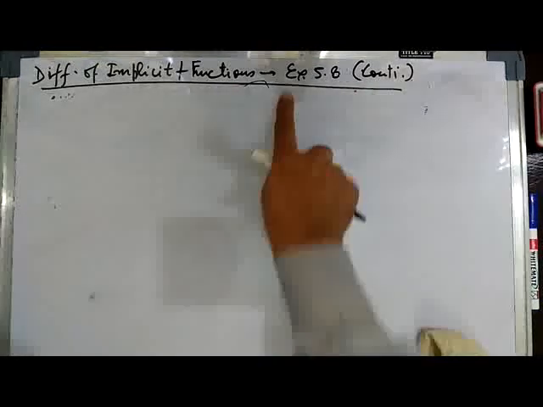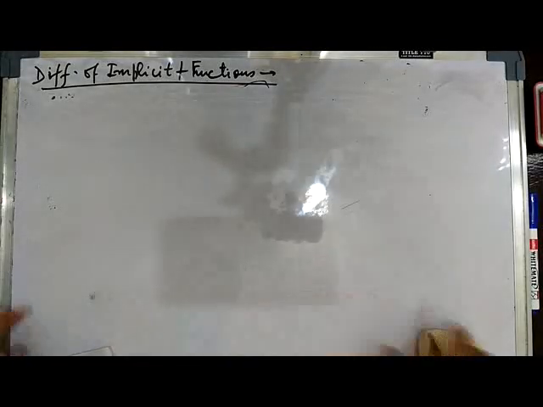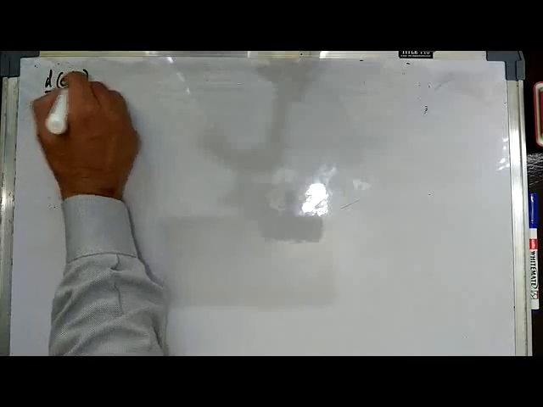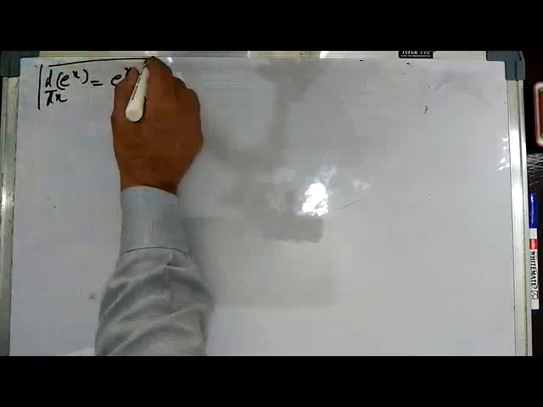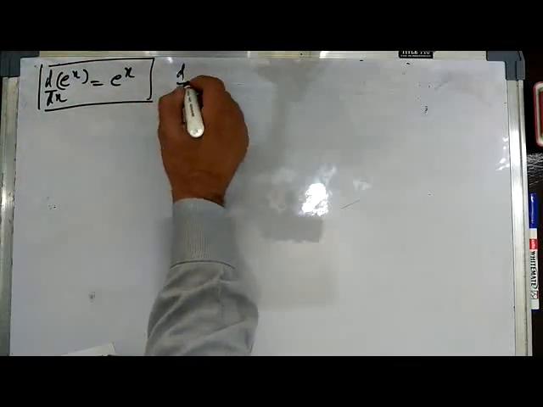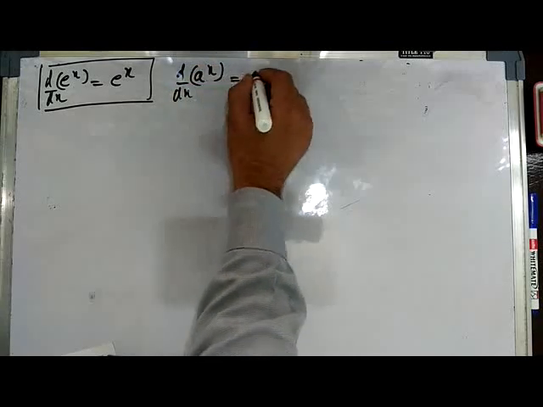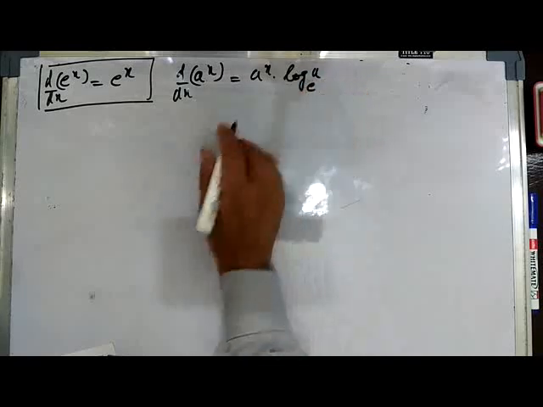Now we are extending the idea beyond this particular exercise. Now I want to bring some other standard formulas. The differential of e to the power x, which I have already told you earlier but want to revise, is e to the power x. The differential of a to the power x is a to the power x into log a to the base e.